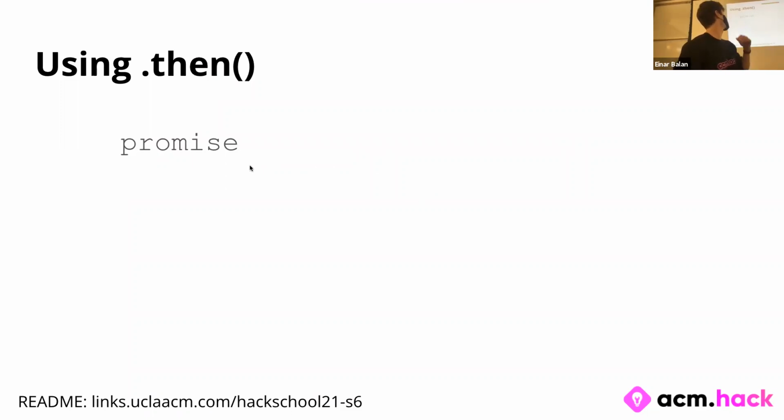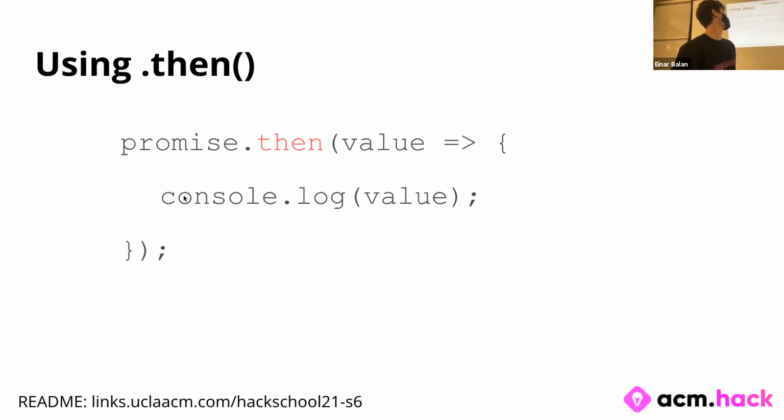And then I'm going to add this .then function, right? I'm just going to call .then on the promise. And then I'm going to pass in this function here, this arrow function. And then I'm going to console.log the value, right? So basically, this value here is just the resolved value of the promise.